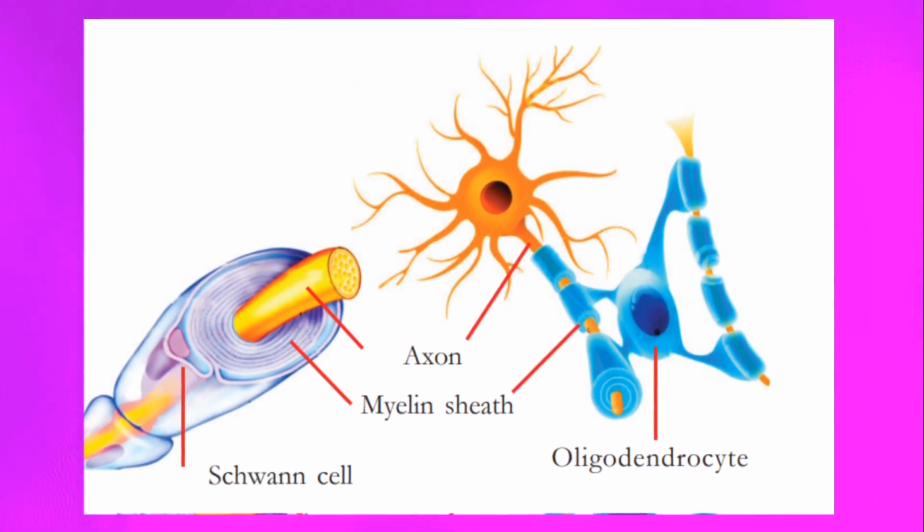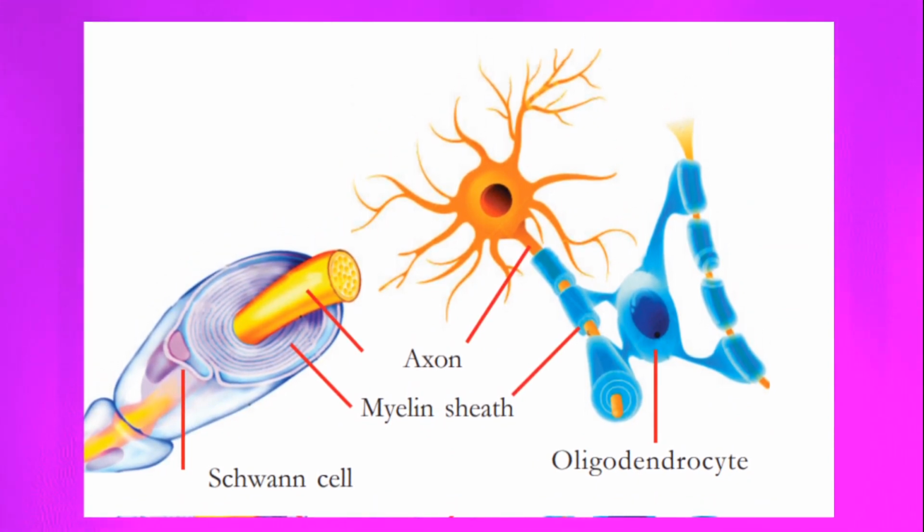But myelin sheath in the brain and spinal cord is formed of a specialized cell called oligodendrocyte. The myelin sheath has a shiny white cover. So oligodendrocytes and Schwann cells provide protection to neurons. An oligodendrocyte constructs the myelin sheath by covering different axons simultaneously or by covering different parts of the same axon repeatedly.